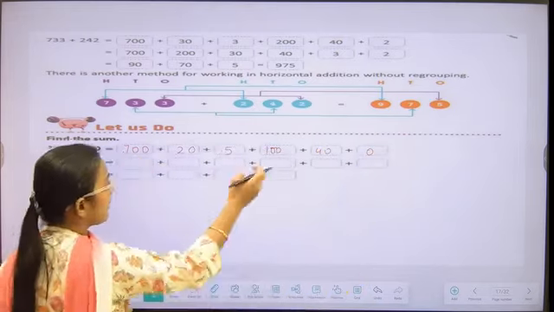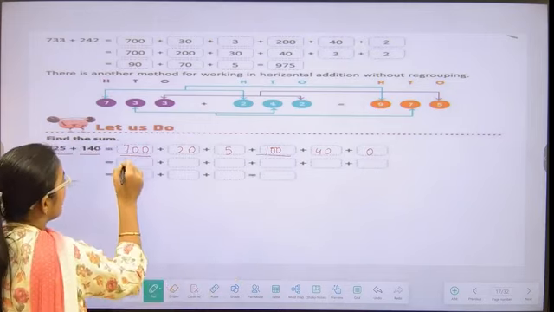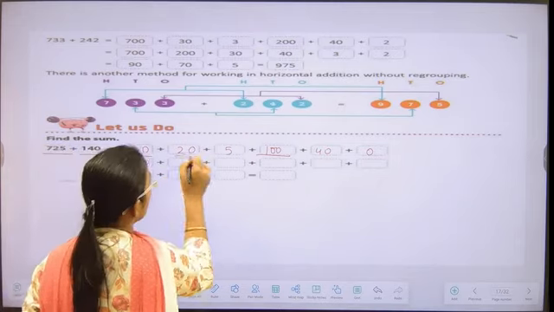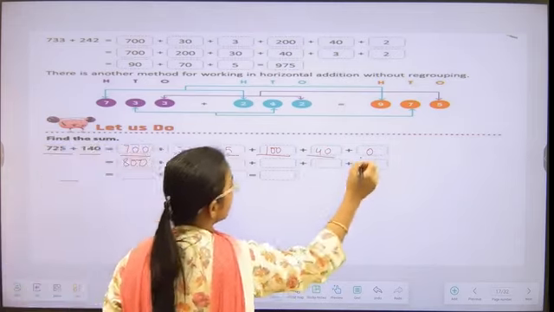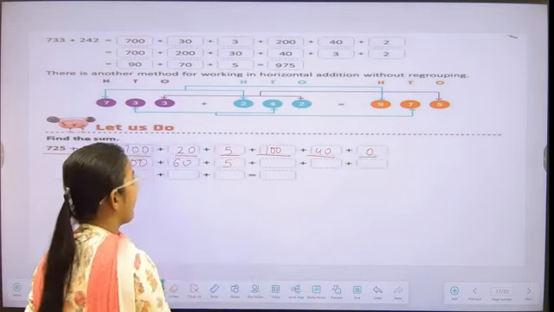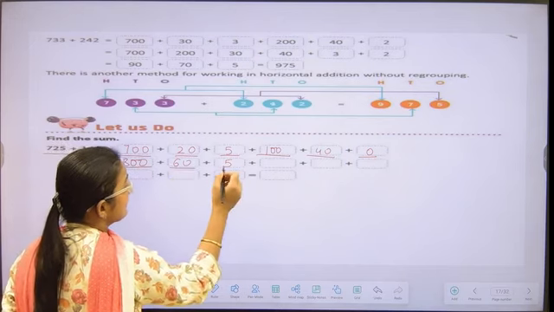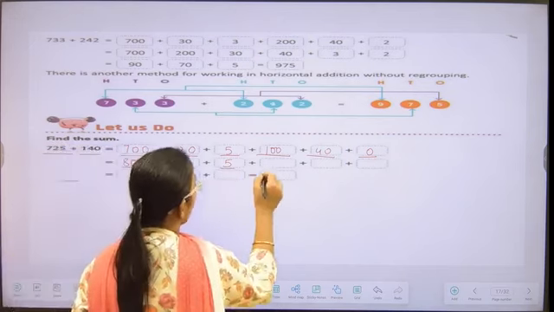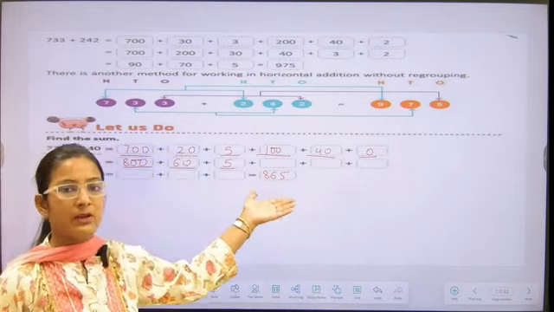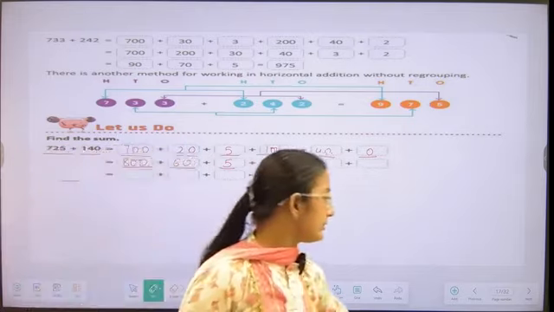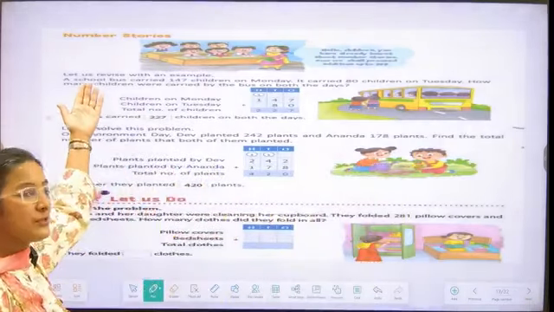Now 700 and 100 will add together and make 800. 2 tens and 4 tens will make 6 tens, and 5 ones and 0 ones will make 5 ones. Now we can say that 800, 6 tens and 5 ones will make 865. So the sum will be 865, student.